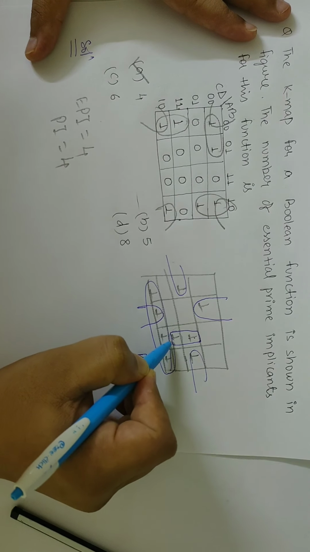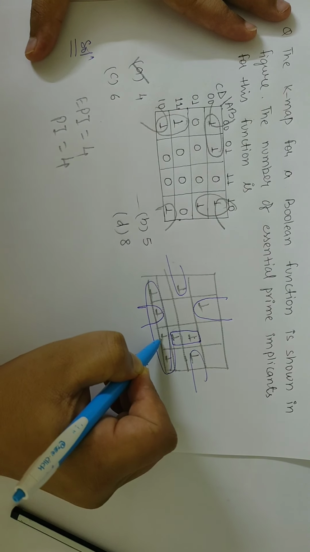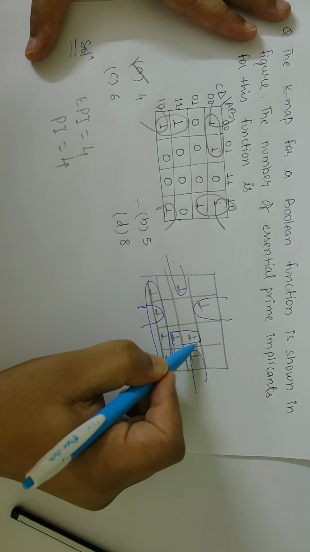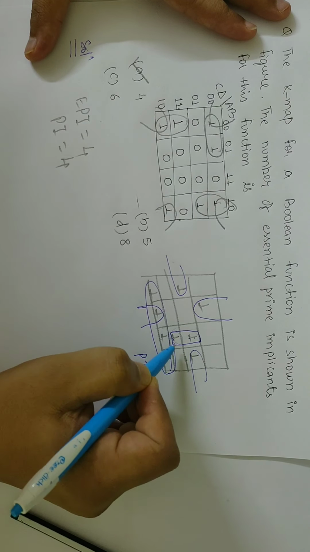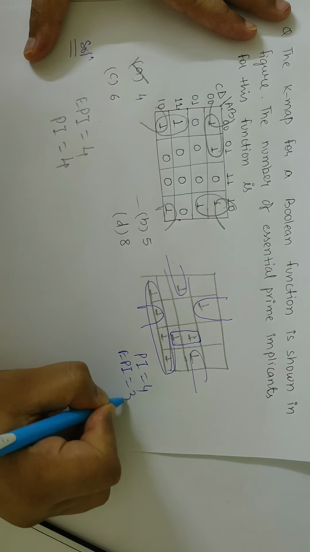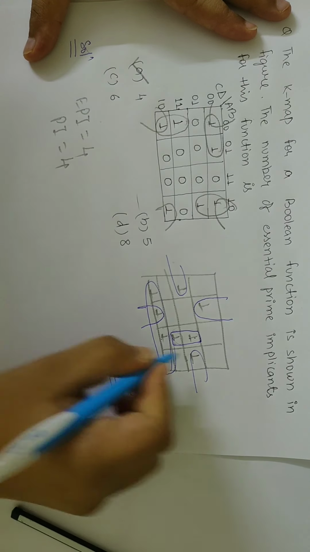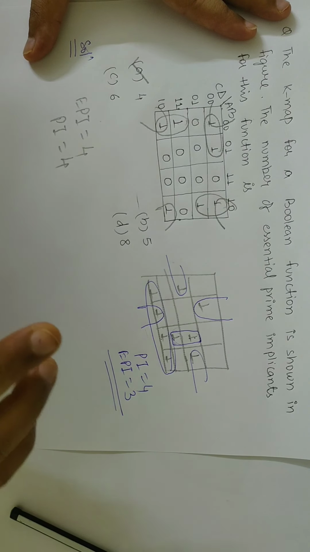Similarly, this one also has one more option. This can make a grouping with this also. So therefore this grouping is not an essential prime implicant, and the remaining three are essential. So EPI is 3 here in this example. I hope you have understood the concept of PI and EPI.